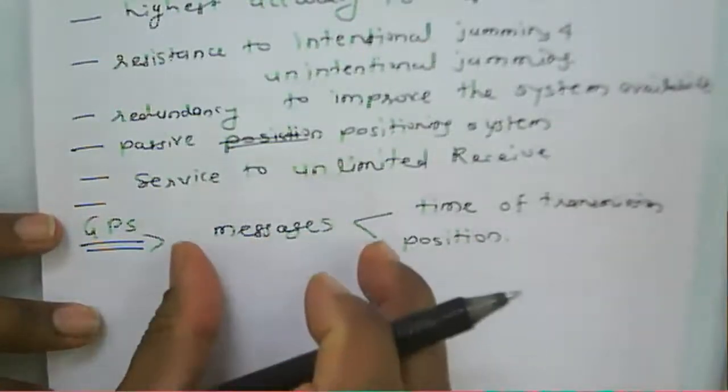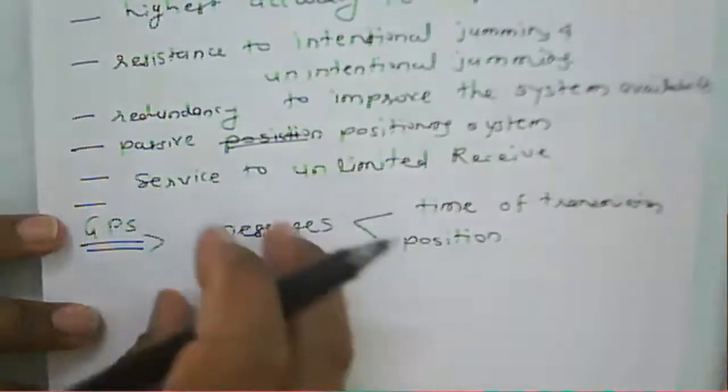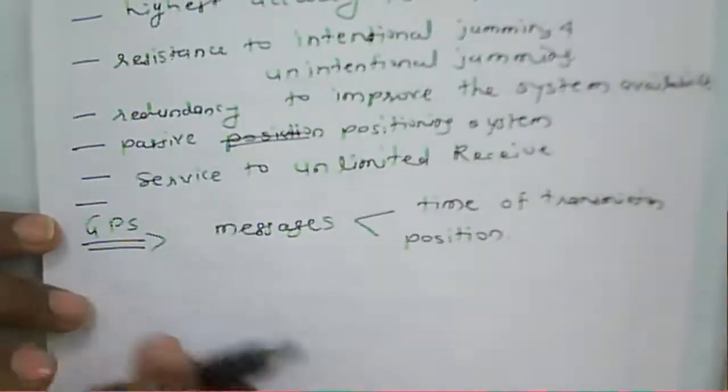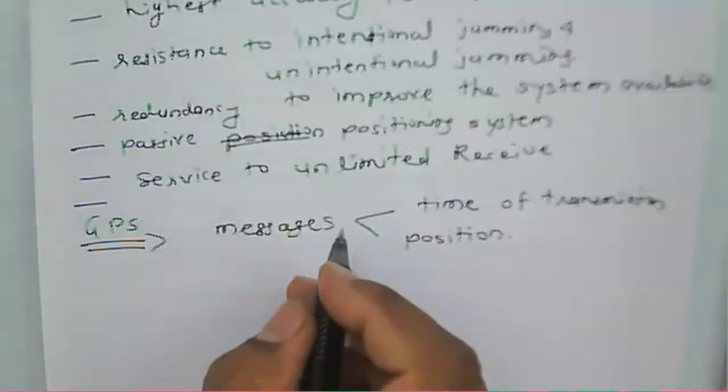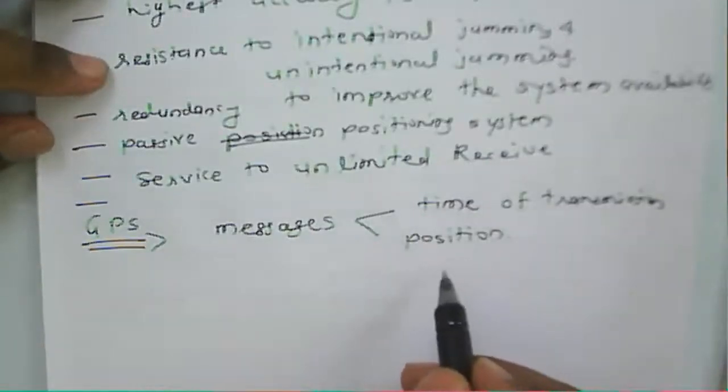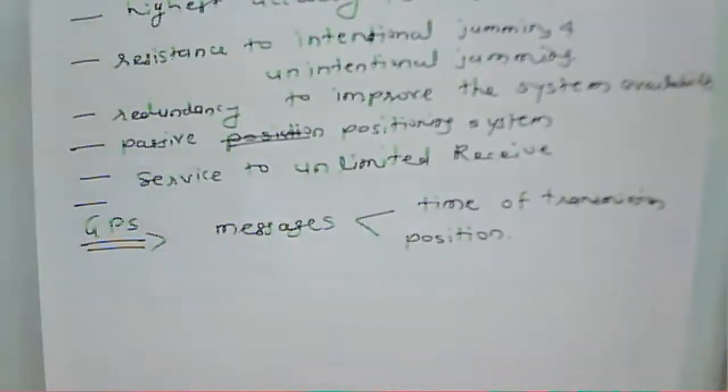Now this particular message is transmitted by the transmitter, so it has just a message regarding the time of transmission and the position of that satellite.